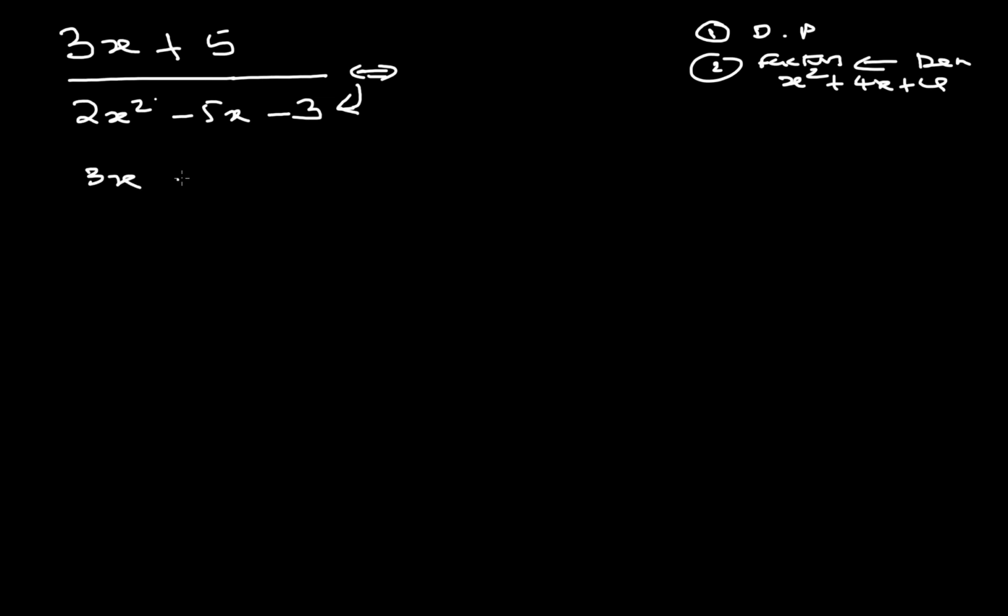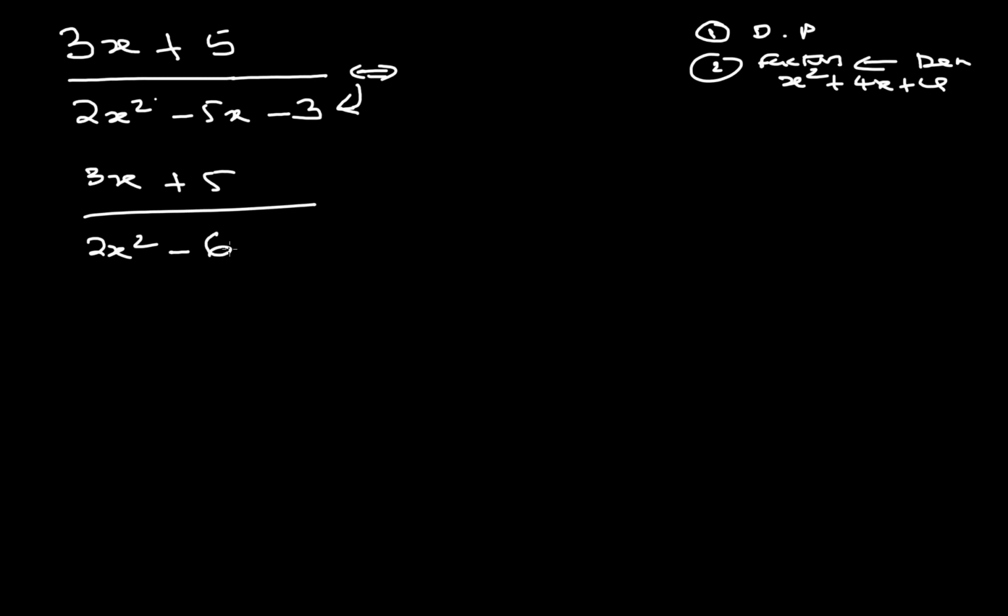So I need to go 3x plus 5. Then what do I do here? I'm going to begin to simplify this. I know that it's 6 minus 6. Then to get minus 5, I'll need to use 2 factors of 6. Now, what factors of 6 can I add to give me minus 5?